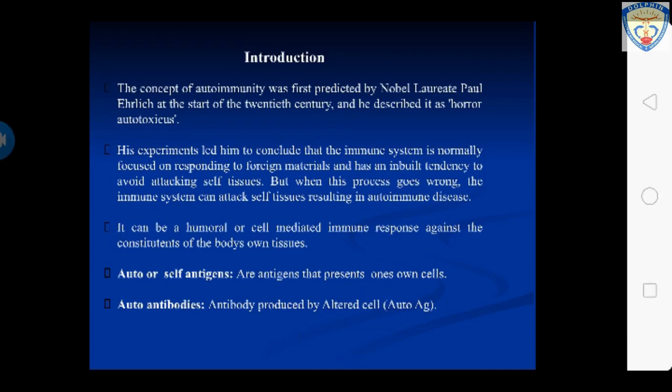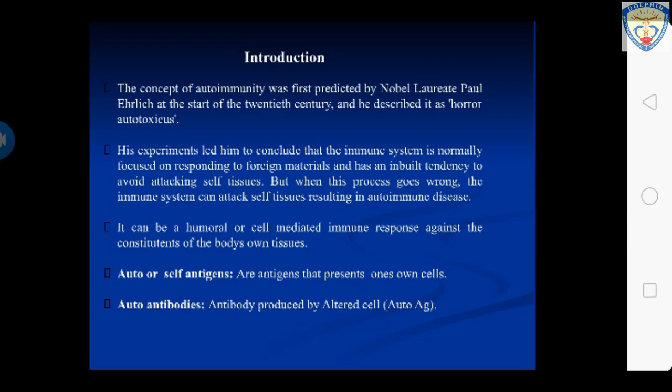Now, in autoimmunity, we normally define two terms. One is called the auto or the self-antigens, which are the antigens that present one's own cells, or autoantibodies, that is, the antibodies which are produced against the self-antigens. Now, these are always produced by your altered cells.